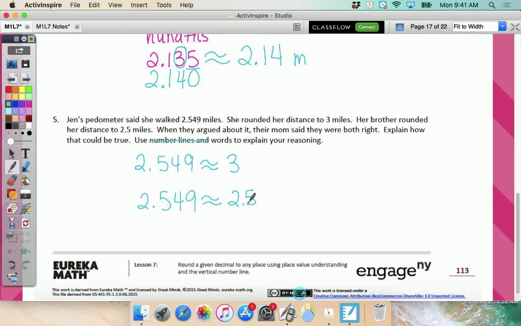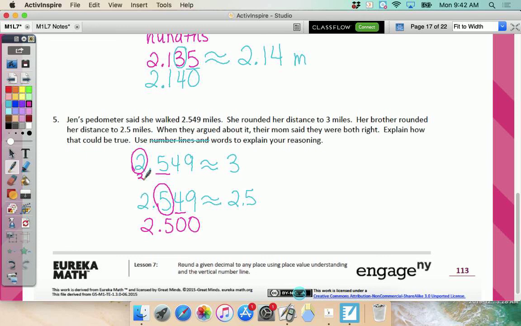So what place value did she round to, boys and girls? The ones. She looked at the 5 to say add 1, right? Okay. So what place value do you think he rounded to? The tenths. So they are both right. Because if I did this one, it would stay the same, right?